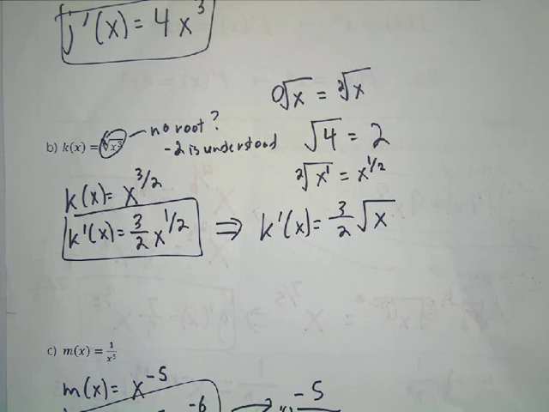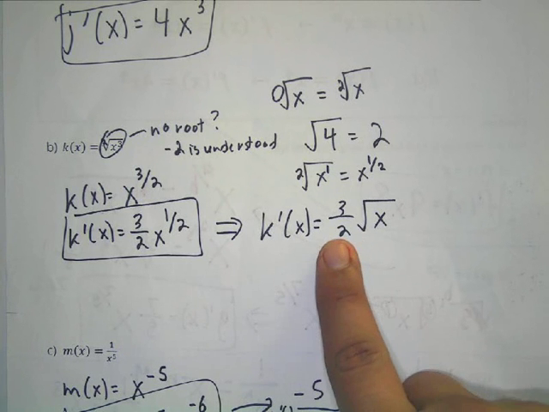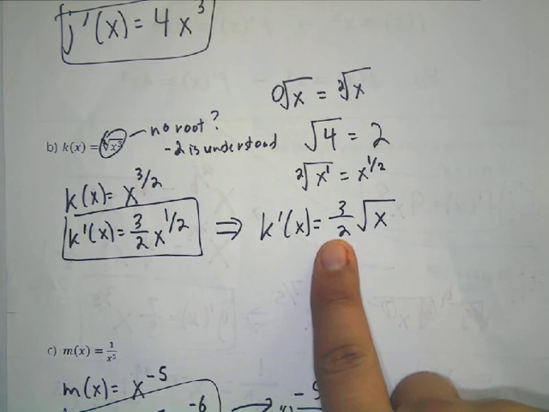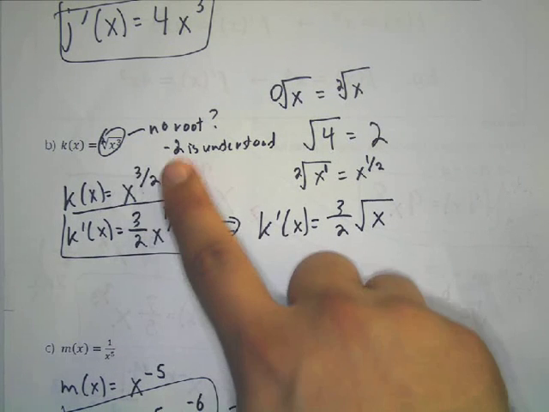Then you do the derivative on that, pull the 3 over 2 to the front, and then you say x to the 1/2 because you say 3 over 2 minus 1. And I've written it in the radical form in case you can always switch back and forth. Sometimes some people will want you to rewrite it as it was originally, but to me it really doesn't matter as long as you just have one of these two, it's fine.